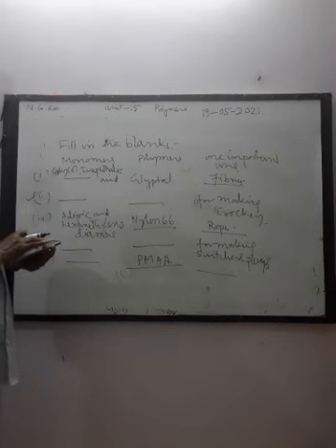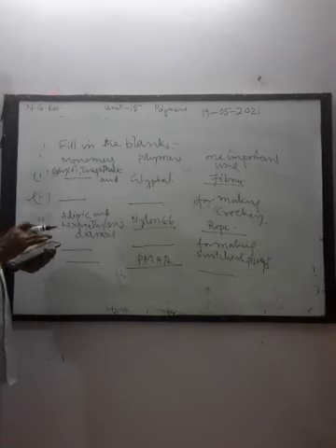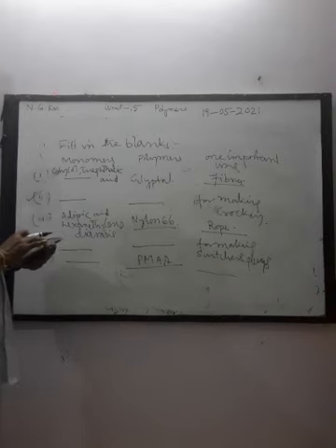Question number 6. What is the difference between elastomers and fibers? Available in the PDF. What is the difference between copolymer and homopolymer? A copolymer is formed from two or more monomers. A homopolymer is obtained from a single monomer. Question number 8. Write the monomers and chemical equation for the preparation of Buna-S rubber, already discussed.